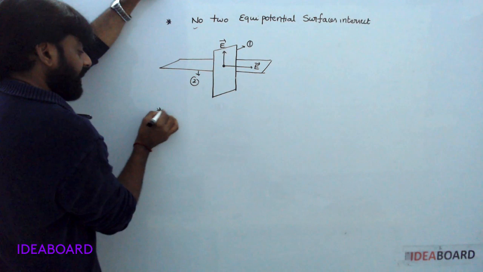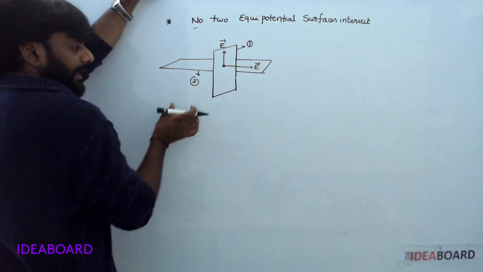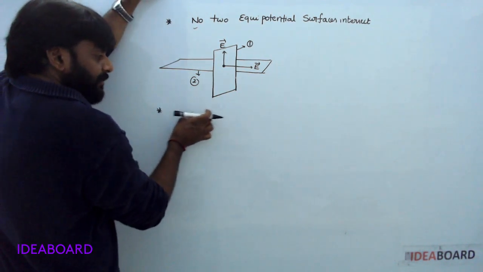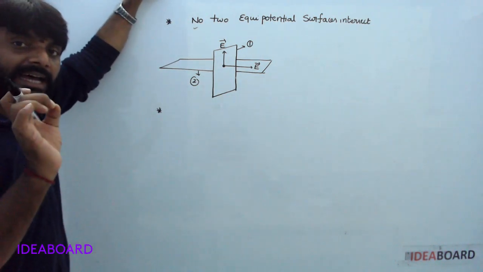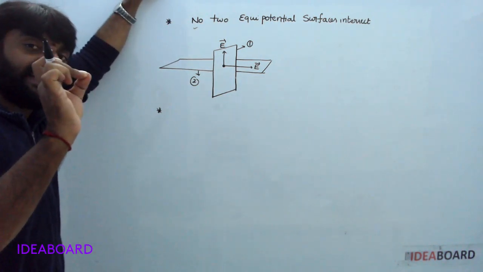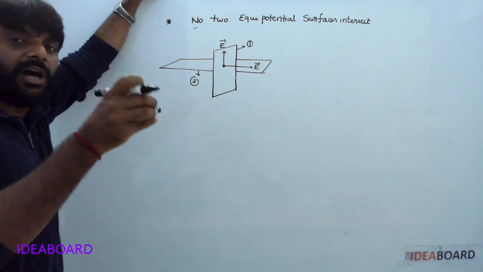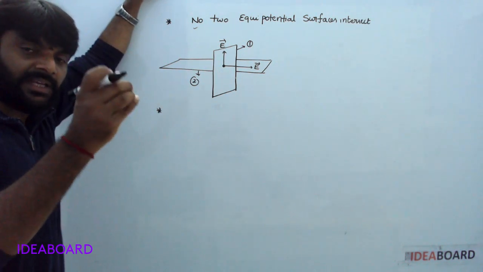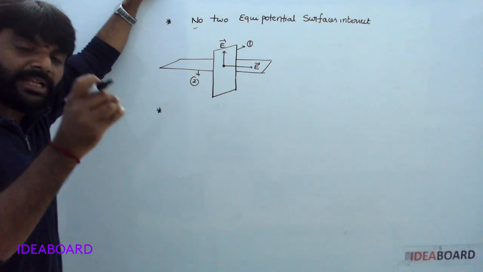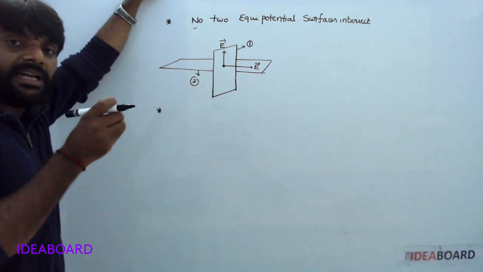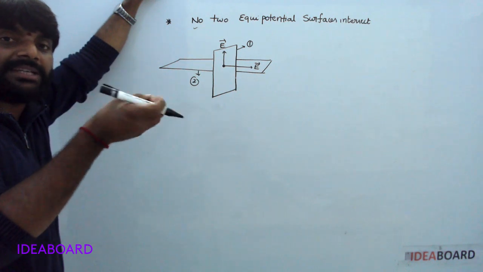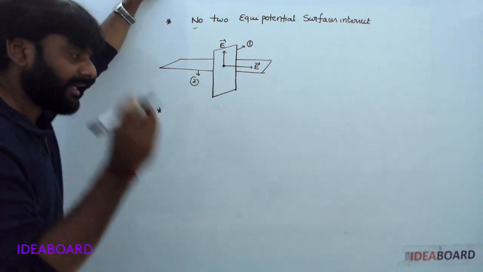Now, next one. The space between the equipotential surfaces represents the nature of the electric field intensity, that means whether it is strong or weak.